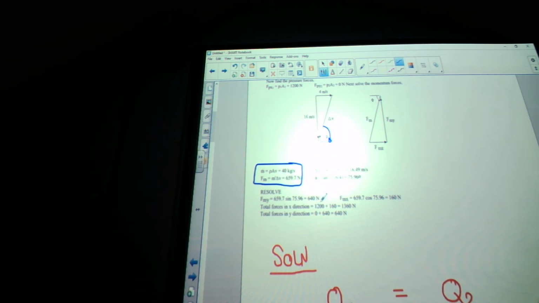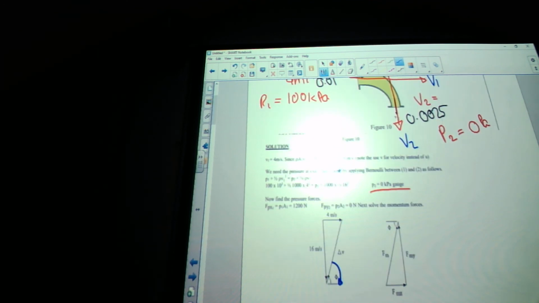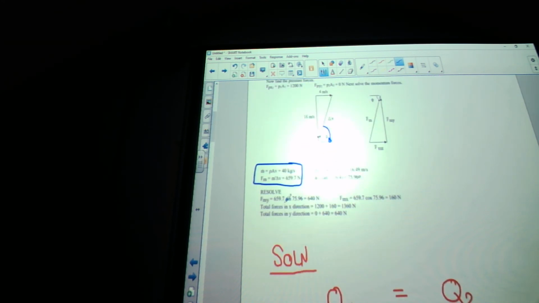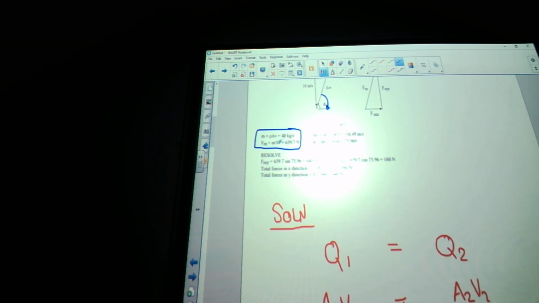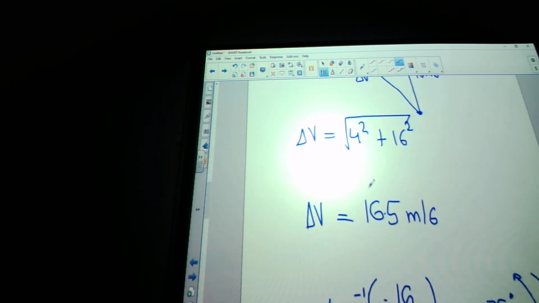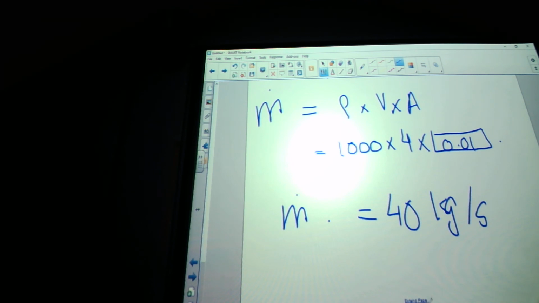Okay, now find the forces parallel and perpendicular. First we need to find out the total force, and then we convert it into perpendicular and parallel components. So to do that, the force has an equation.